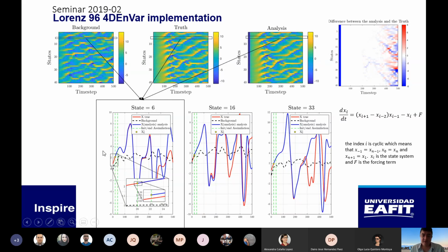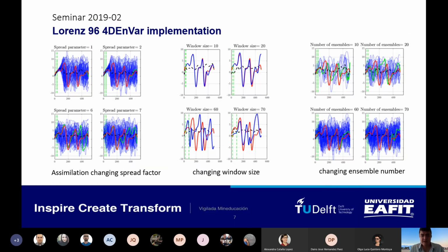Keep this in mind: the methodology wants to update initial conditions in order to have a new trajectory that performs better with, in this case, a twin experiment, which consists of synthetic observations, or in another case, real observations.